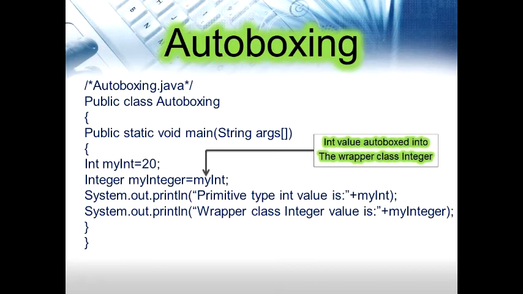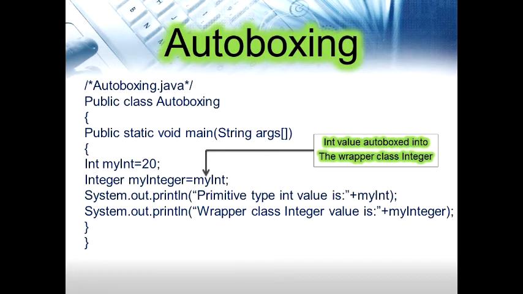So what is the output of this program? The primitive data type value is 20 and the wrapper class Integer value is also 20, so both cases have the value 20.